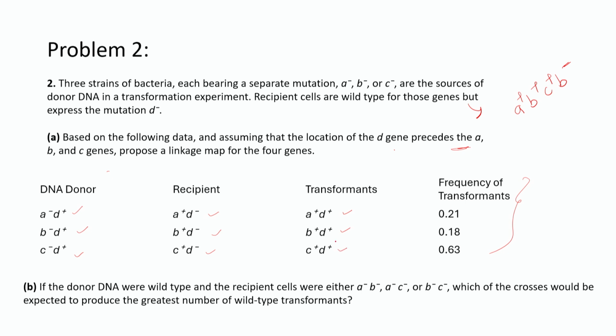So they are all positive for D, but with 0.21 frequency they are A plus, with 0.18 frequency they are B plus, and with 0.63 frequency they are C plus. Can these frequencies help us understand their proximity to D?